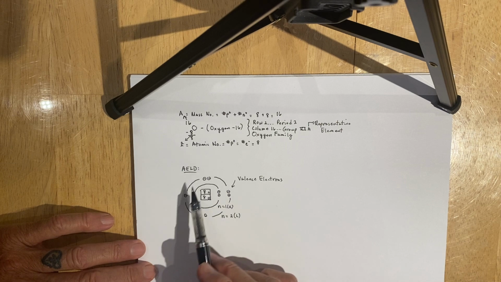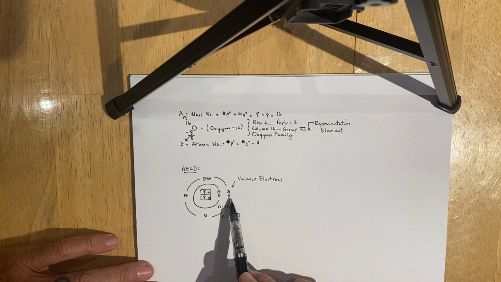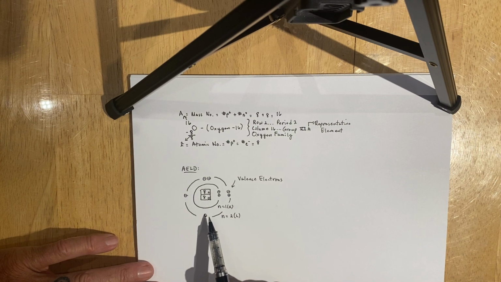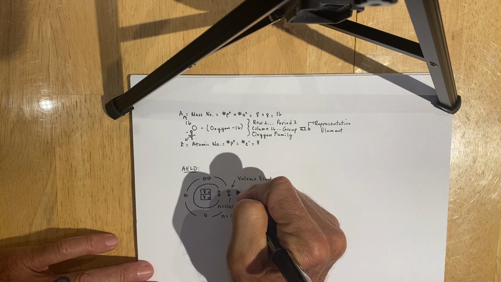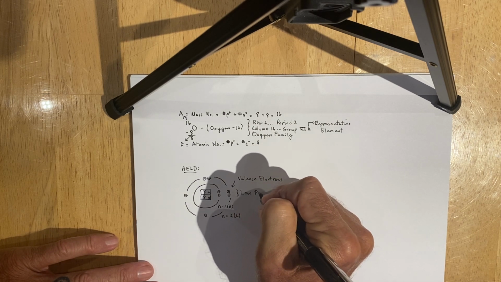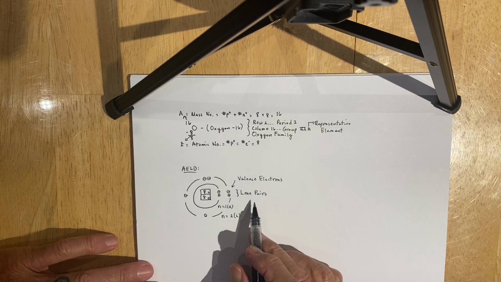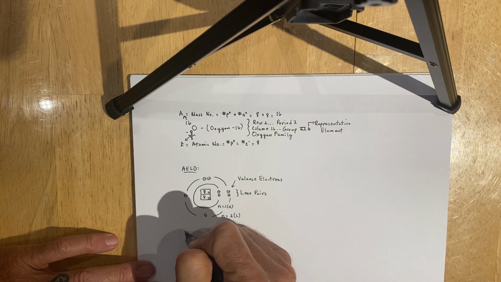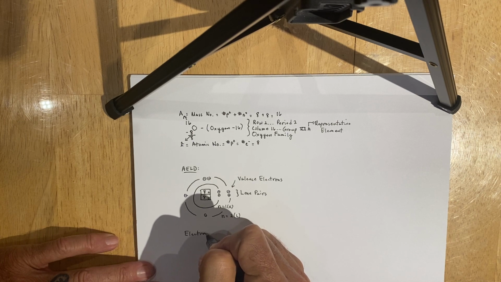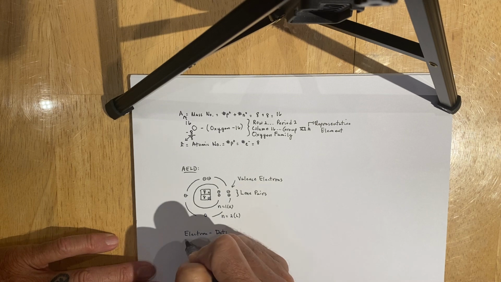So therefore, we have 6 valence electrons in oxygen, 2 of which are paired and 2 of which are unpaired. The paired electrons we are going to refer to hereinafter as lone pairs, just like Eric Carmen's song, All by Myself. They exist all by themselves, paired up. That being said, I want you once again to represent the valence electrons in an electron dot representation.